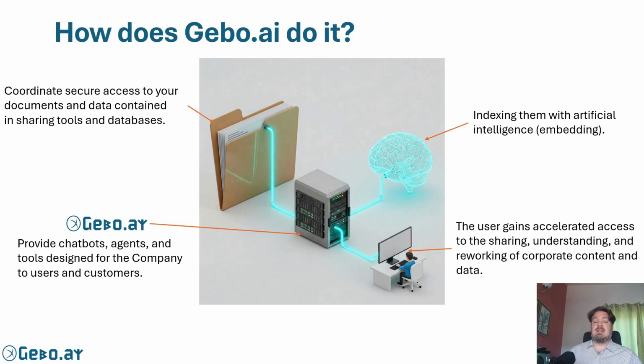So basically, it indexes all your documents to be used and searched by the AI. And after this indexation phase that happens with the frequency you can choose and program, it shares your knowledge with the chatbots you choose to use.